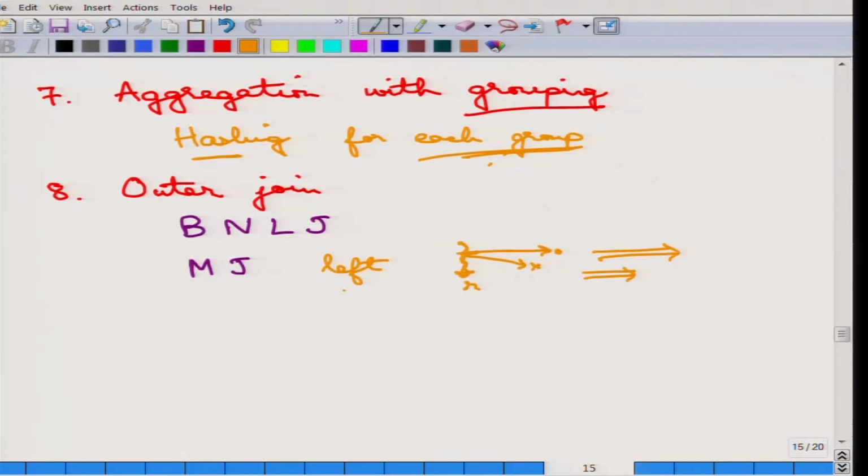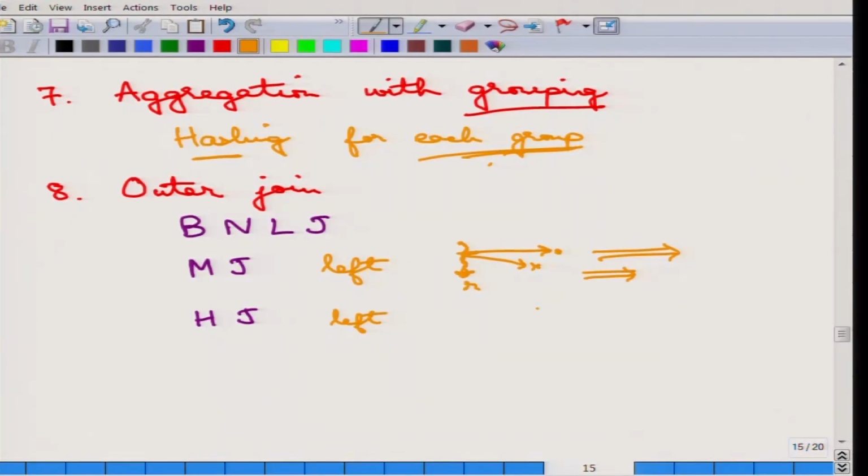The question then is, if it is a left join, which one should be the build relation and which one should be the probe relation for the hash join. The hash join can work in the same manner. R can be used as a probe relation, or S can be used as a probe relation.